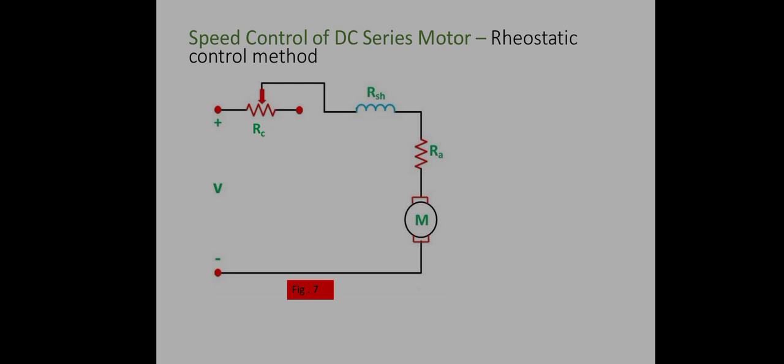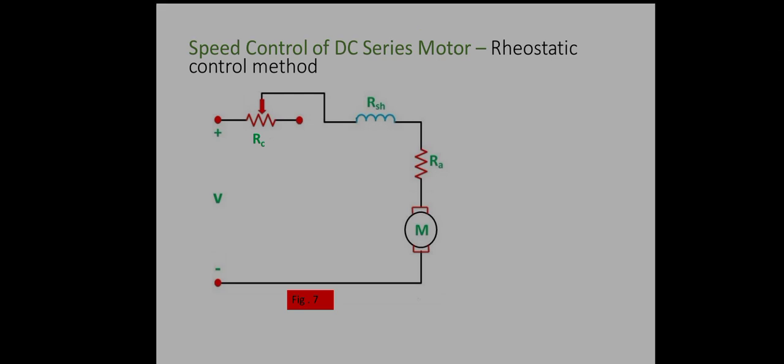For this method, a rheostat is to be connected in series with the motor, so that if you change that control resistor RC, you can control the speed of the series motor.